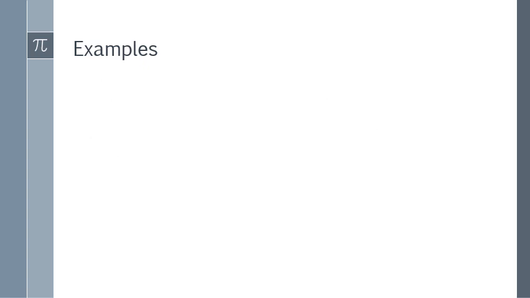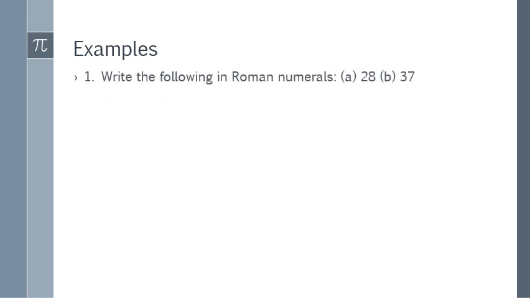Here are further examples of the Roman numerals, and the different approaches to write down the conversion of the Roman numerals have been represented here. The first question is, write the following in Roman numerals. Write 28 and 37 in Roman numerals.